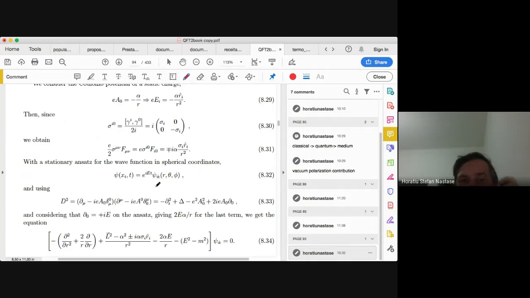Considering also a stationary ansatz for the wave function in spherical coordinates, that is to say, I separate the variables.